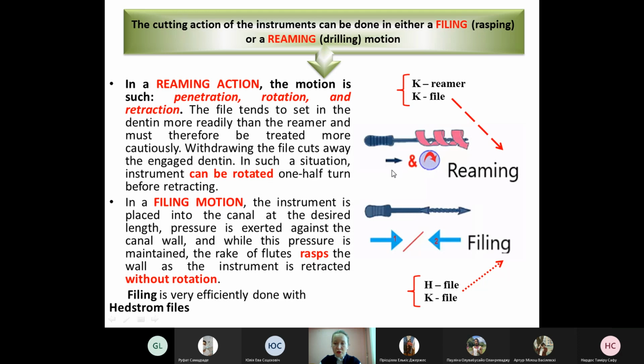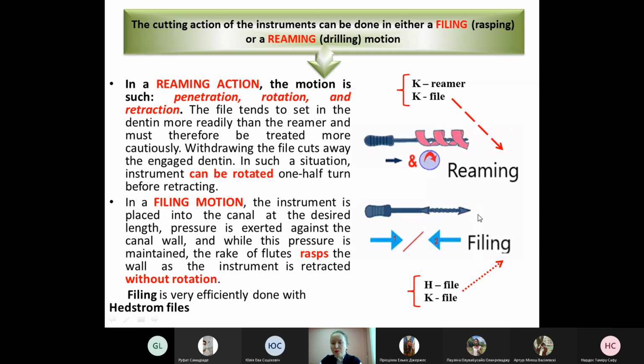In a filing motion, usually H-file and K-file work. The instrument is placed into the canal at the desired length. Pressure is exerted against the canal wall, and while this pressure is maintained, the rake of the flutes rasps the wall as the instrument is retracted without rotation.